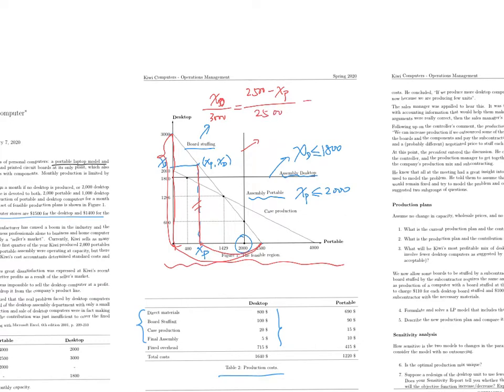If you rearrange this equation, then we get the constraint for your board staffing, which is XD plus 1.2 XP less than 3000.